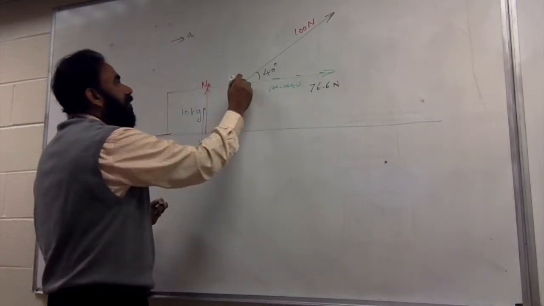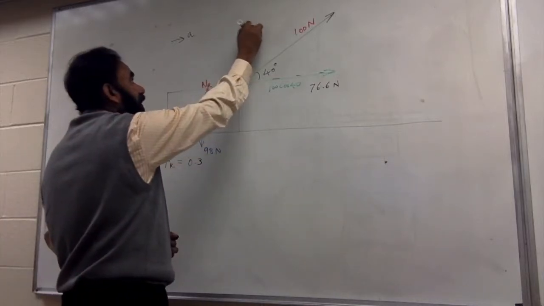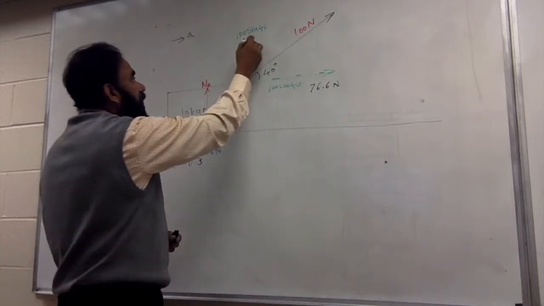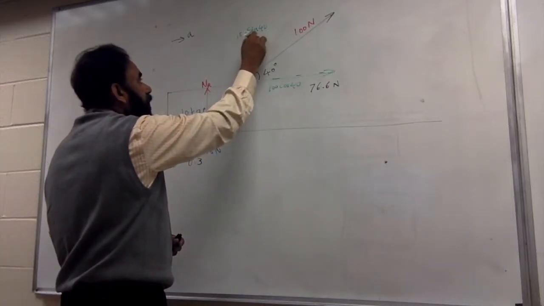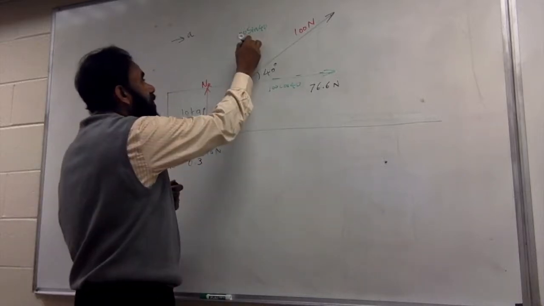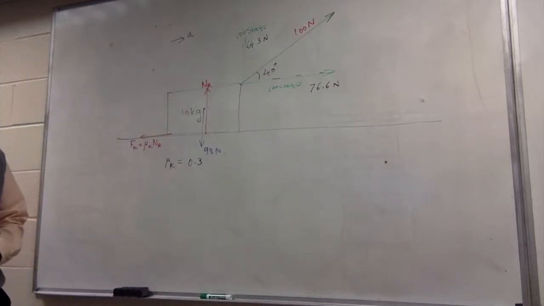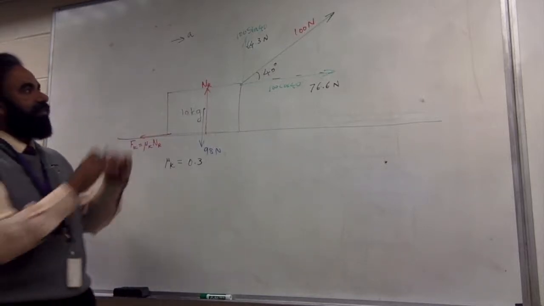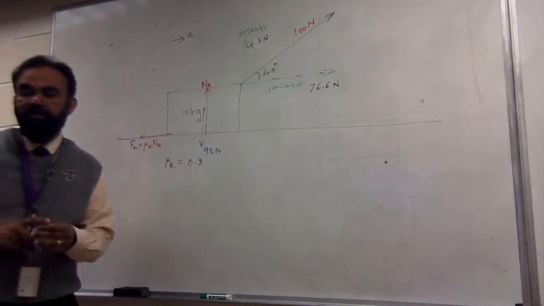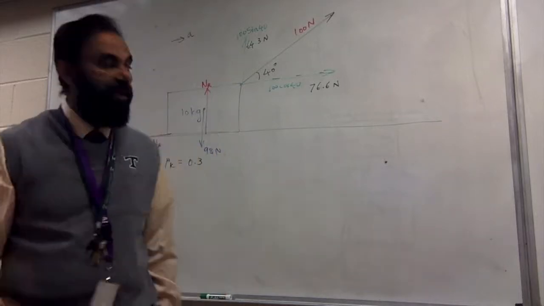And what is this component? 100 sine 40, which is 64.3. Write your newtons, units everywhere. So now we have split that force and there's nothing else that we have to do. Then we start thinking of application of Newton's laws. Now we're going to apply Newton's laws.